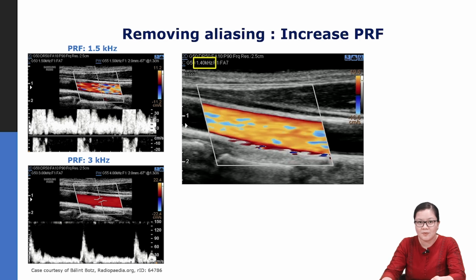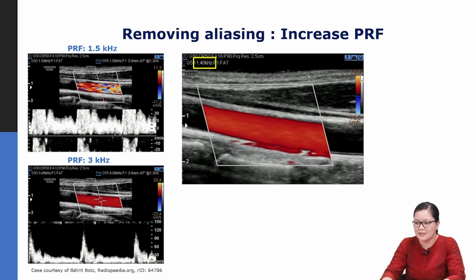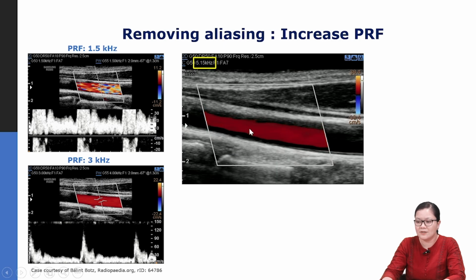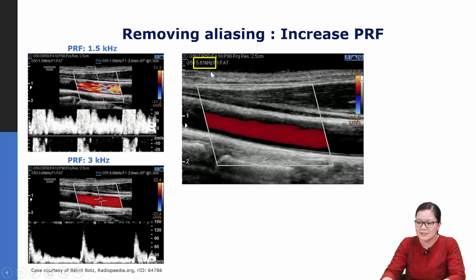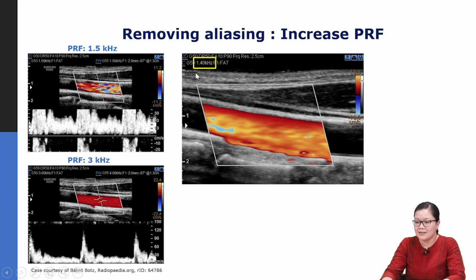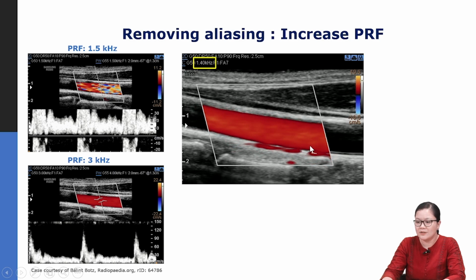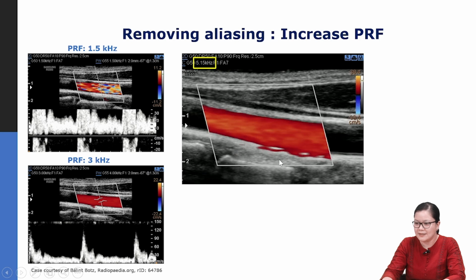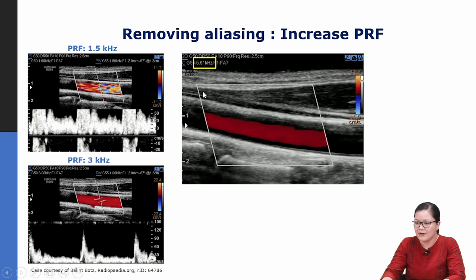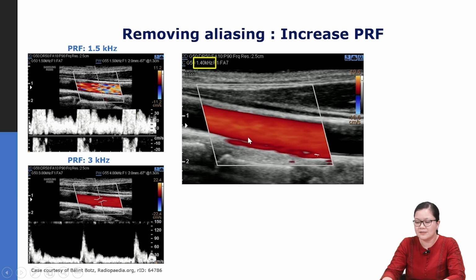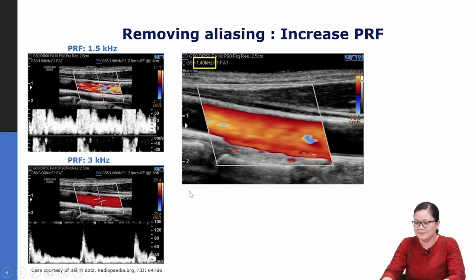Then at lower pulse repetition frequency, you can see the rainbow, red-blue coloring artifact right here due to aliasing. But as you increase the pulse repetition frequency to 5.6, the flow profile looks even smoother. Let's capture that moment again here. Now it's at 5.61, and there's no blue hue within this color Doppler display.